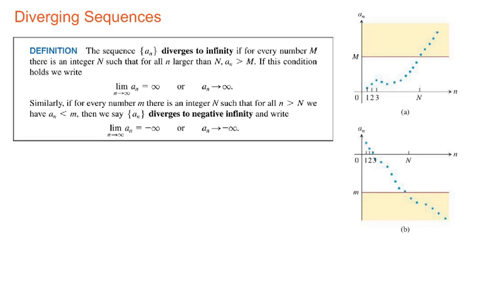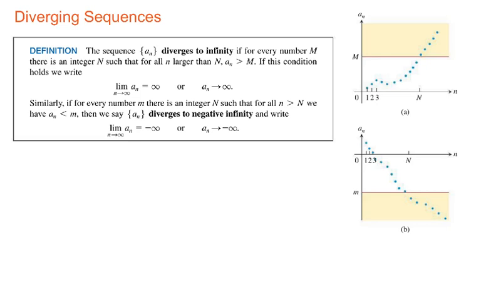When we write infinity as a limit of a sequence, we're not saying that the difference between the terms a sub n and infinity becomes small as n increases, because it's becoming larger. And we're not asserting that there's some number, infinity, that the sequence approaches.